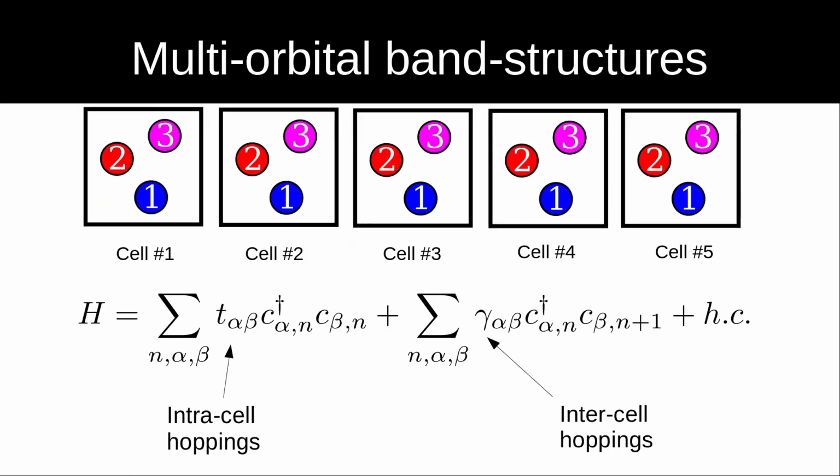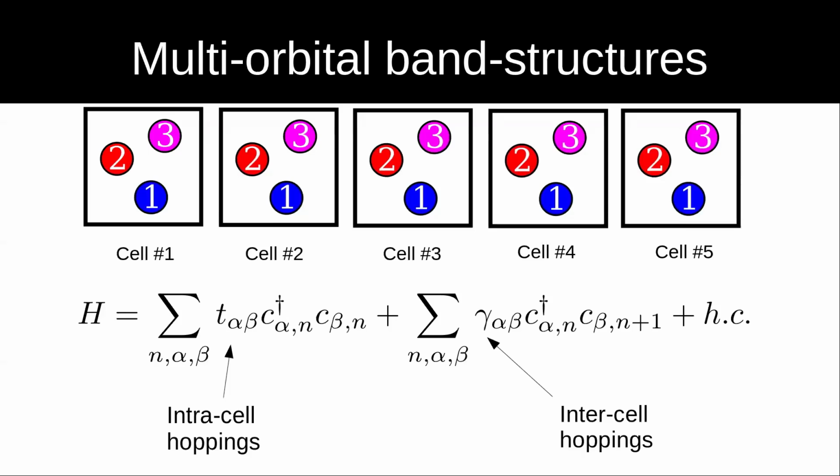And so if we start thinking about what is the most generic Hamiltonian that we can write for such a system that is bilinear in fermionic operators, then you can very easily come up with this model. You essentially have hoppings between orbitals in the same unit cell. Those hoppings are the T alpha beta.